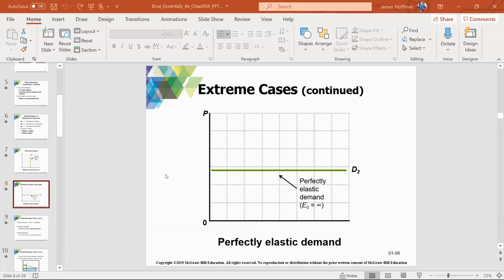That could actually be an upward sloping demand curve. Okay, and so I think that would be a whole different concept.